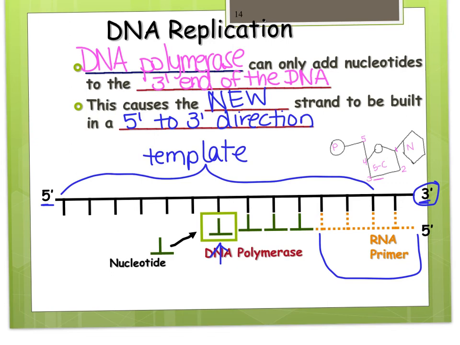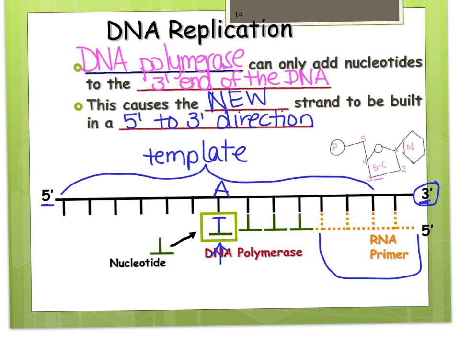Right, so they have the base here. If this base here is A, what's this one going to be down here that we're putting on? A T. Very good. But for RNA, doesn't it have uracil? It does have uracil instead. You're absolutely right. Uracil is like having thymine there, so that's going to attach to the adenine.